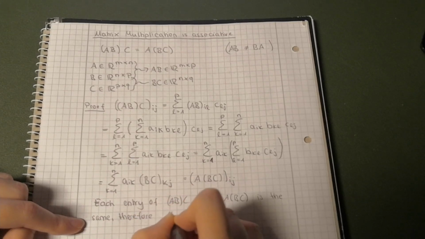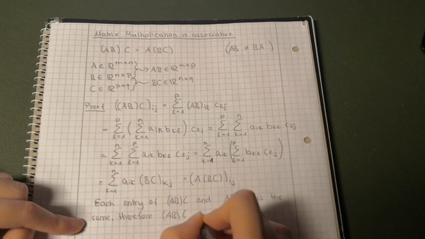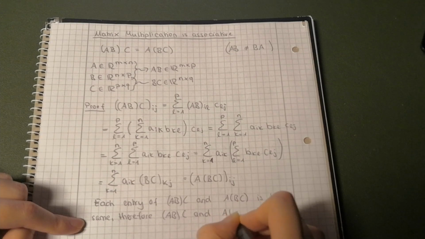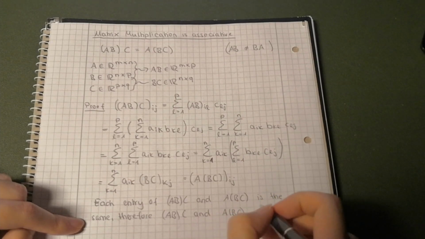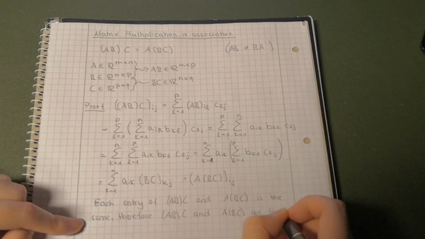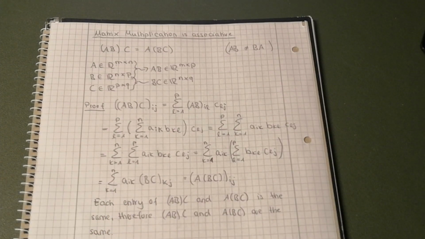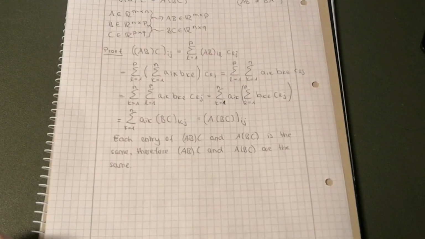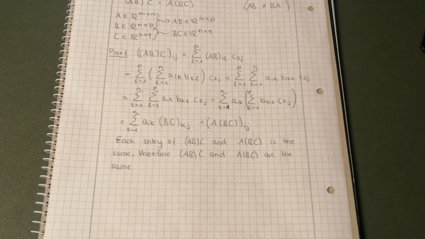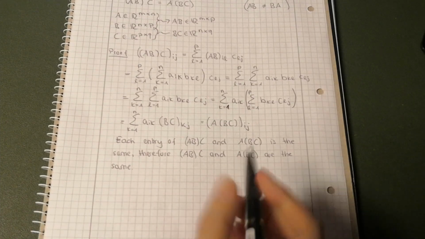Therefore, (AB)C and A(BC) are the same. So that will be just a sentence to make sure that you don't get any points taken away from your homework. And you could also write this, of course, on the previous page.